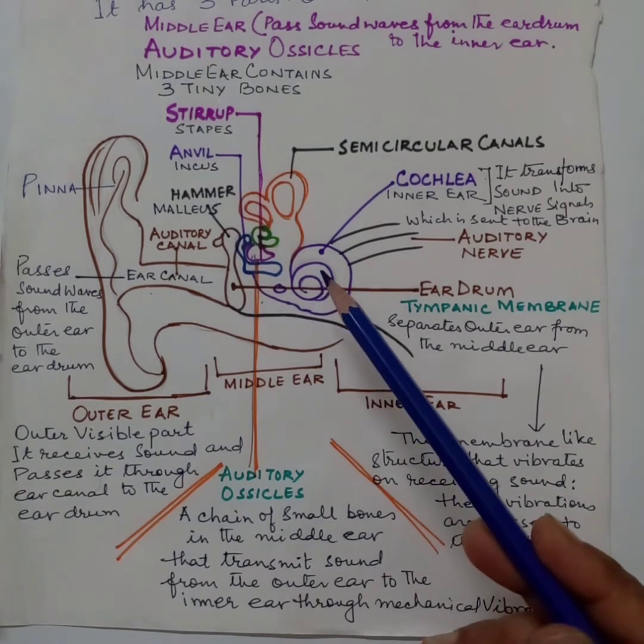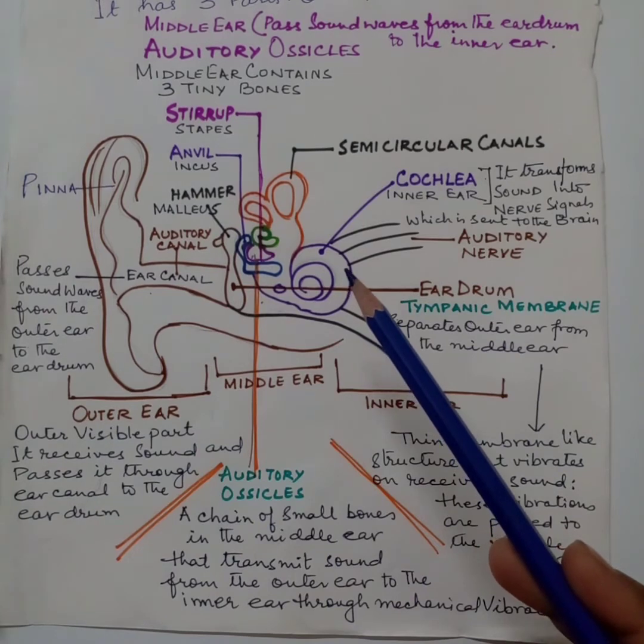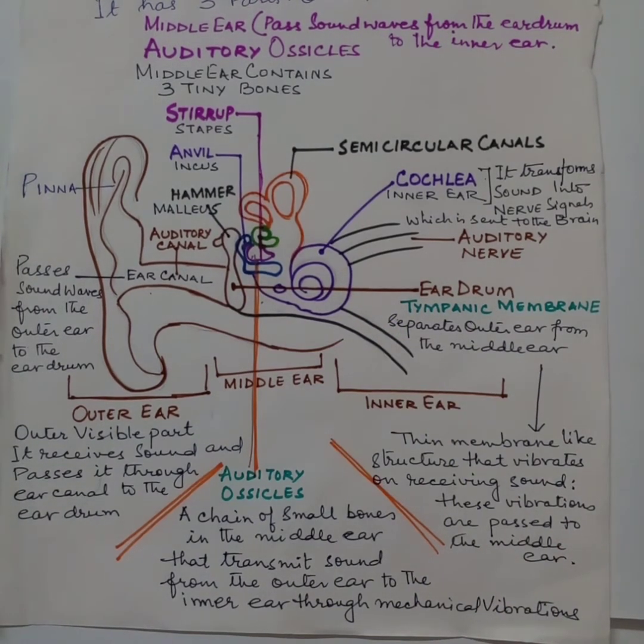The inner ear is a home to the cochlea and the main parts of the vestibular system. Now what is this vestibular system? The vestibular system is one of the sensory systems that provide our brain with information about balance, motion, and the location of our head and body in relation to our environment.